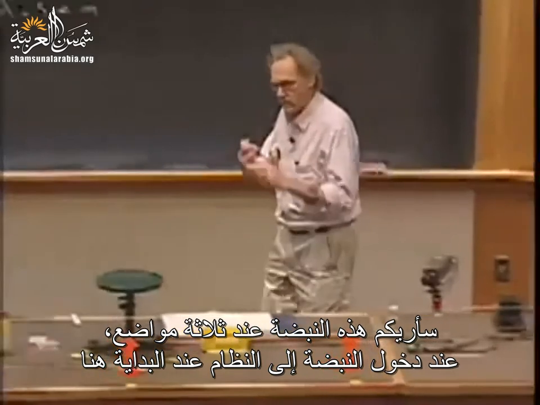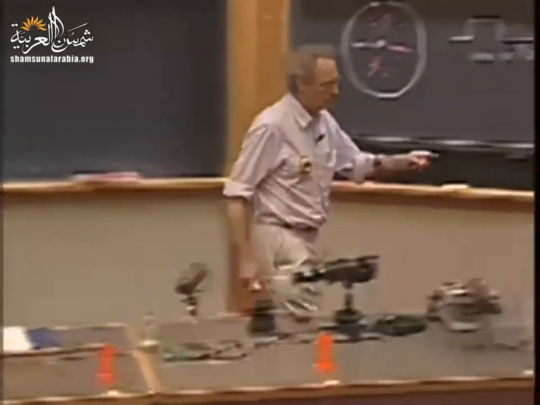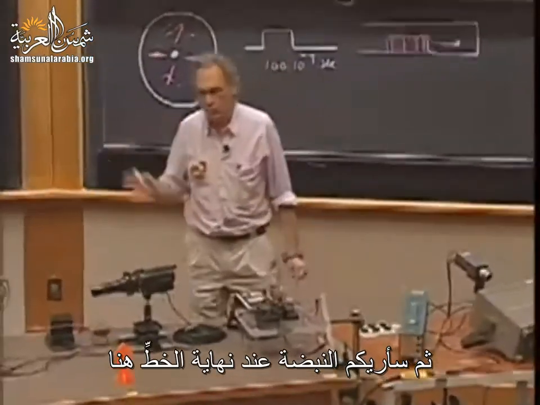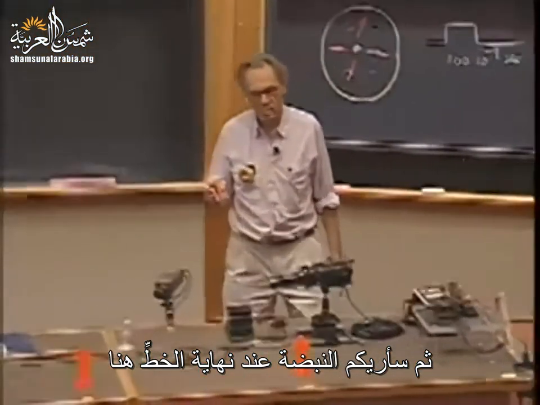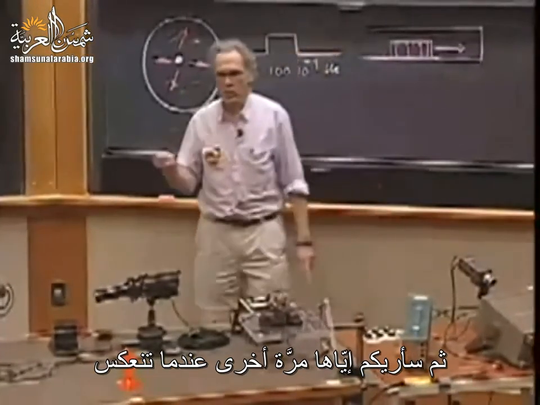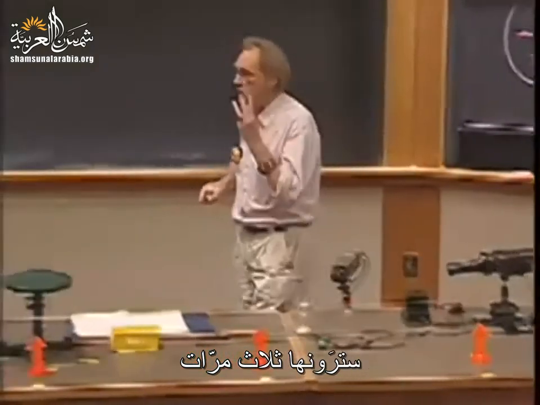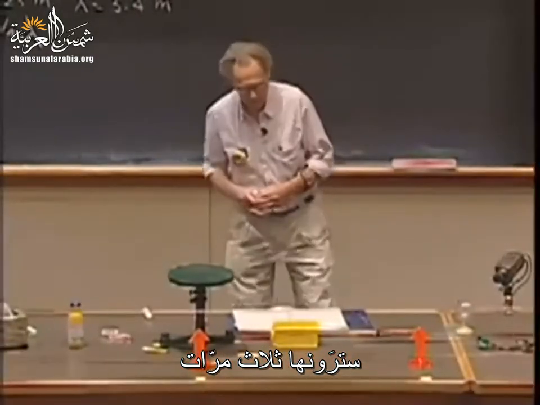Where the pulse enters the system, right at the beginning, which is here. Then we'll show you the pulse at the end of the line, here. And then we show it to you again as it comes back. So you're going to see it 3 times.